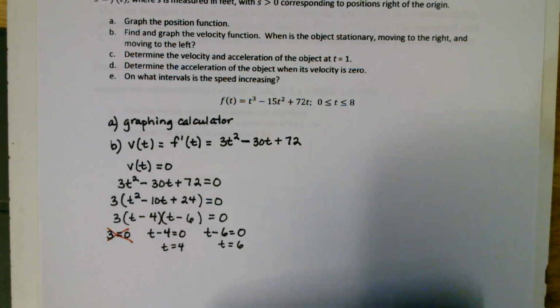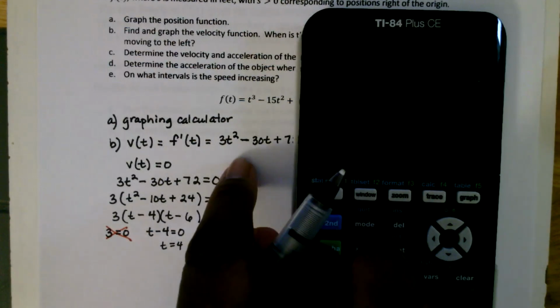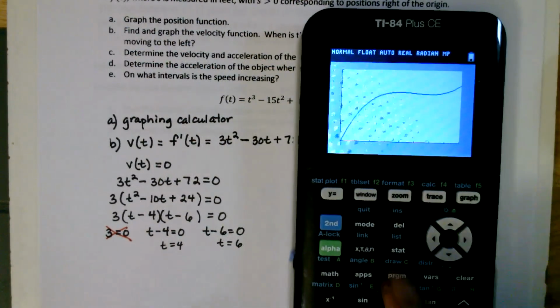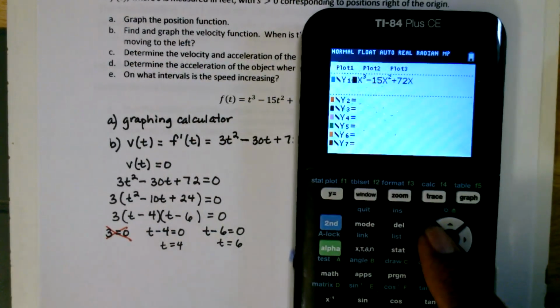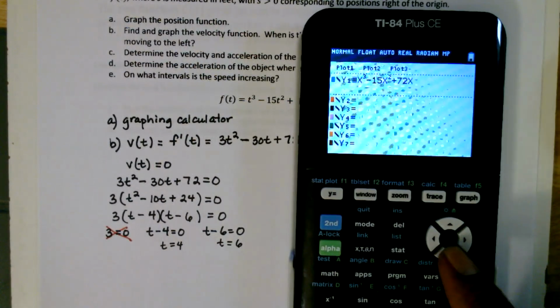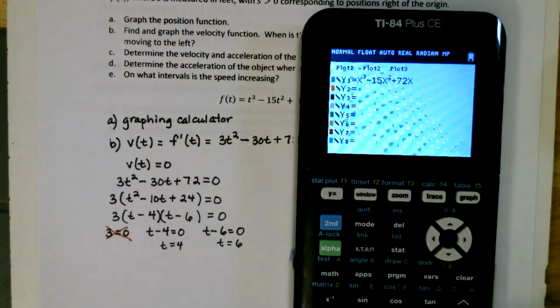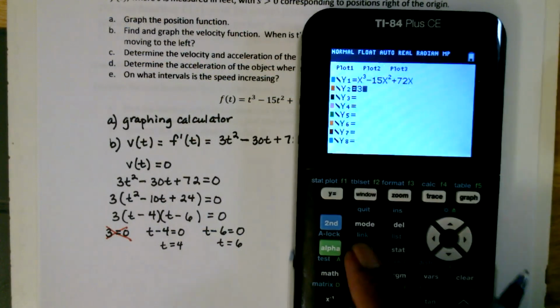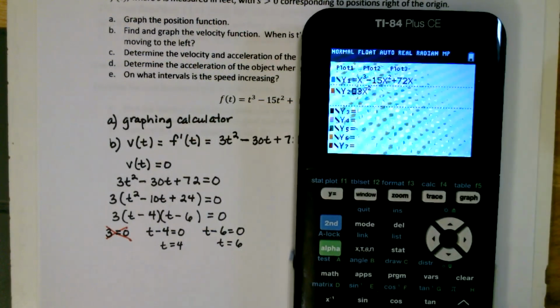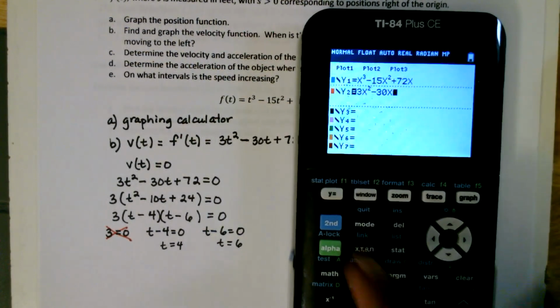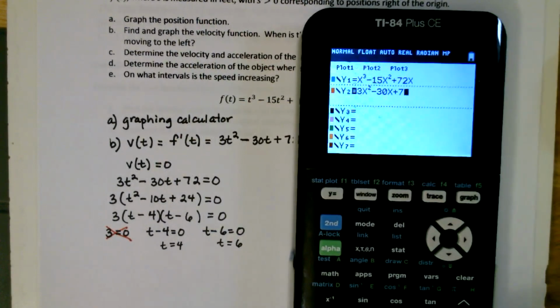Okay, let me go ahead and graph this velocity function. So I'm going to go to y equals, and I'm going to turn off this equation. And in y2, I will type in 3x squared minus 30x plus 72.